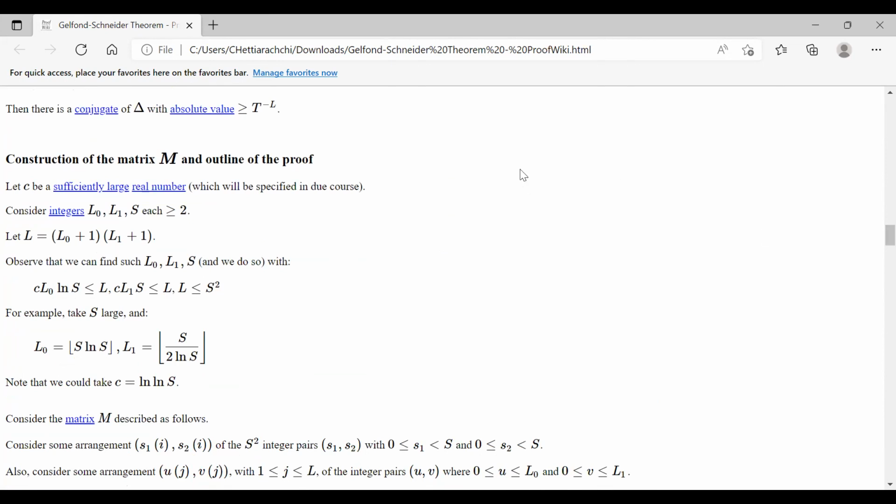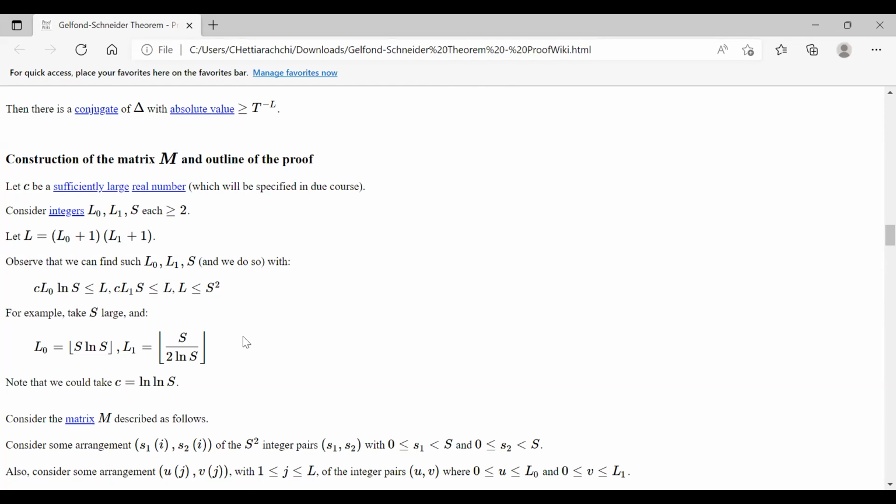So we choose C. Let C be a sufficiently large real number. We are going to specify this in due course, how we choose it. And then we take integers L0, L1, S, 3 integers, each one greater than or equal to 2. Then we define L as (L0 plus 1) times (L1 plus 1).